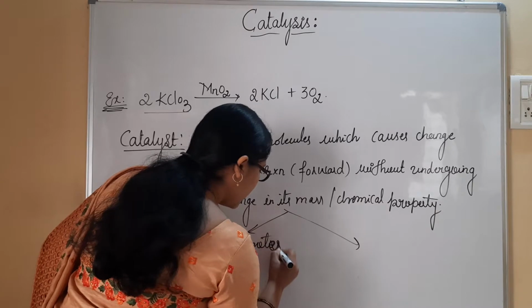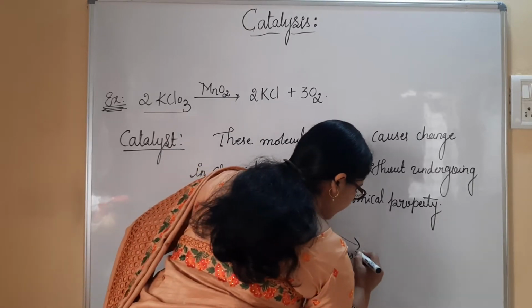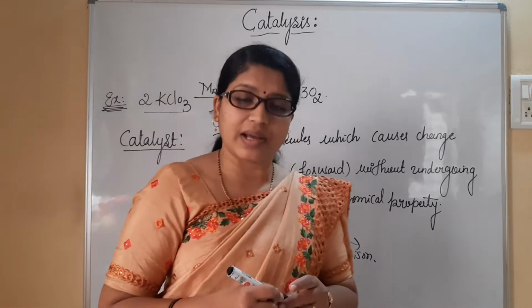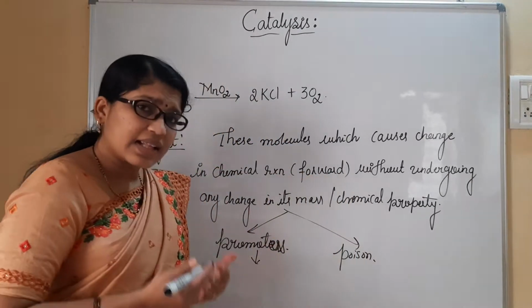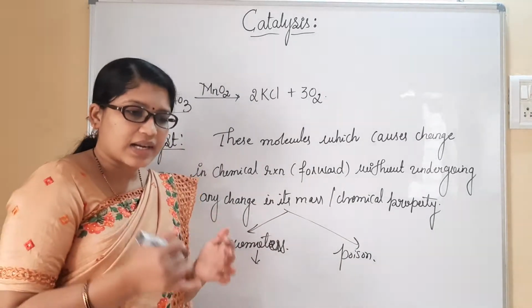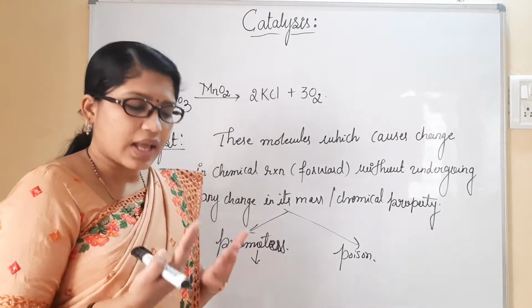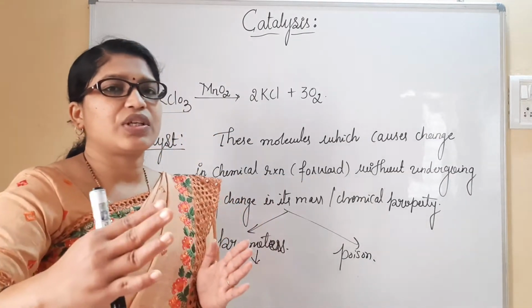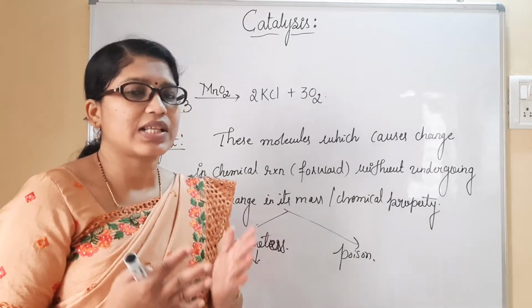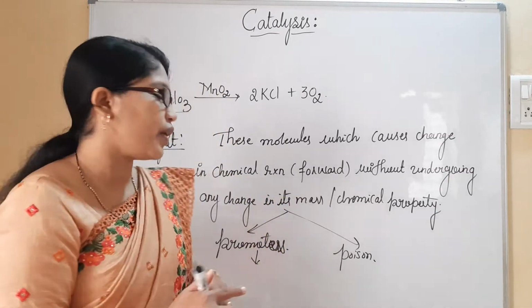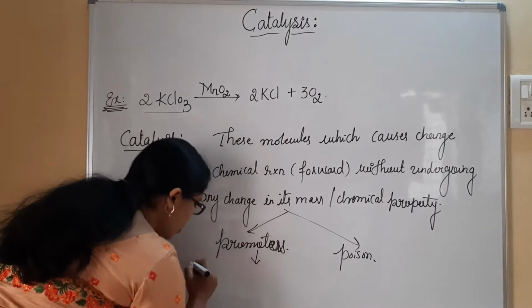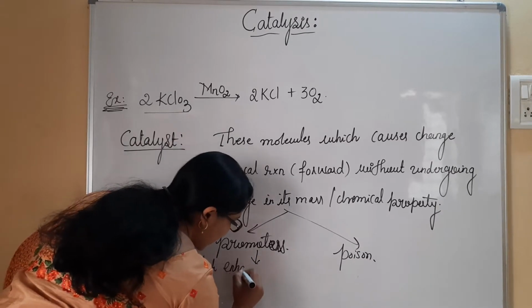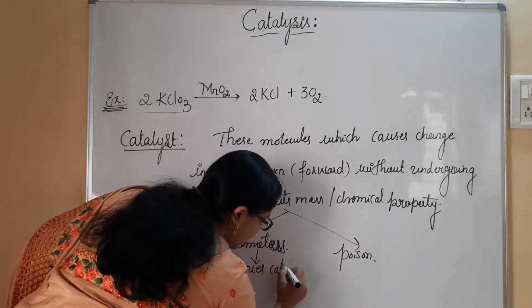Promoters are those molecules or chemical compounds which enhance the rate of the catalyst. The catalyst itself enhances the rate of reaction, and these promoters further help the catalyst to make its action take place in a faster way. Promoters are those which enhance catalyst activity.